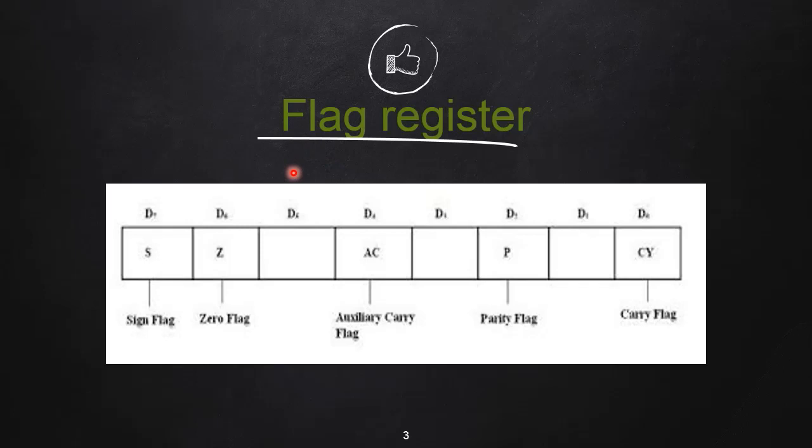For example, suppose my two numbers are 1 0 0 0 1 0 1 0, this is the first number, and the second number is 0 1 0 1 1 0 1 1.